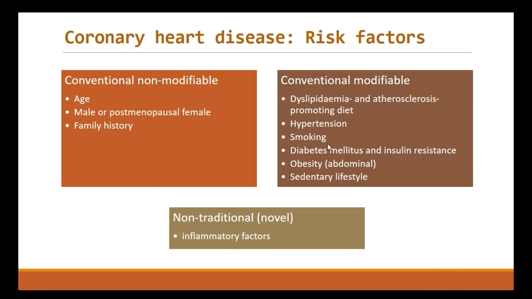And these risk factors are very common to risk factors of atherosclerosis, because more than 90% of cases of coronary heart disease are due to atherosclerosis of coronary arteries. Now, there are new factors, known as inflammatory factors, that expedite the process of disease.